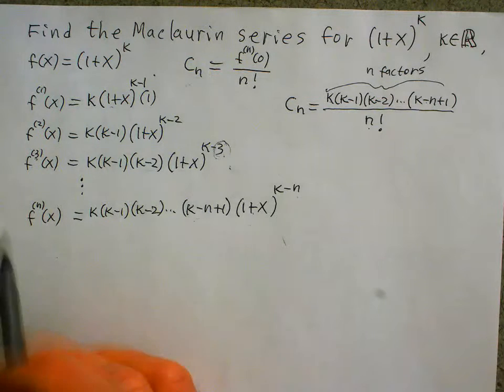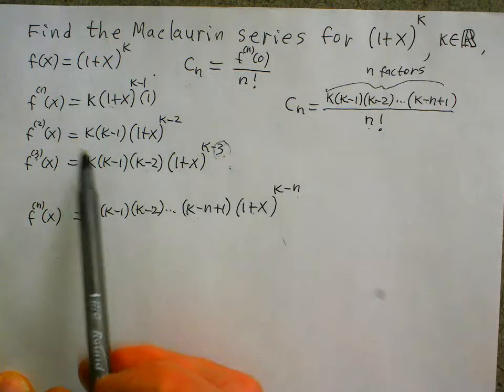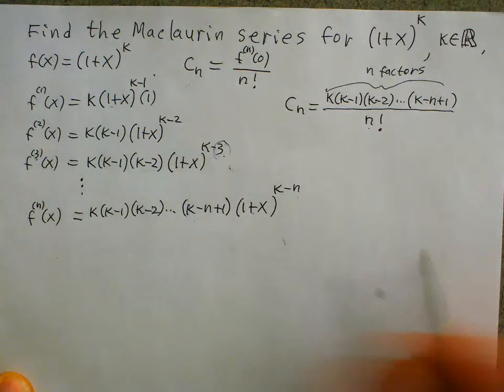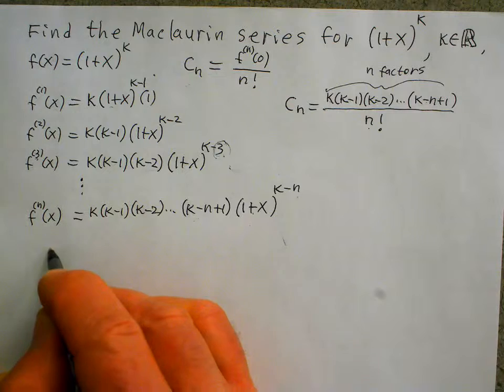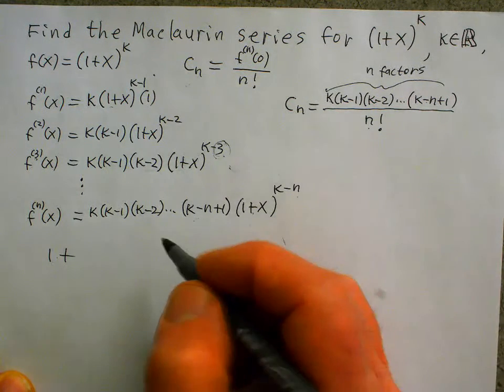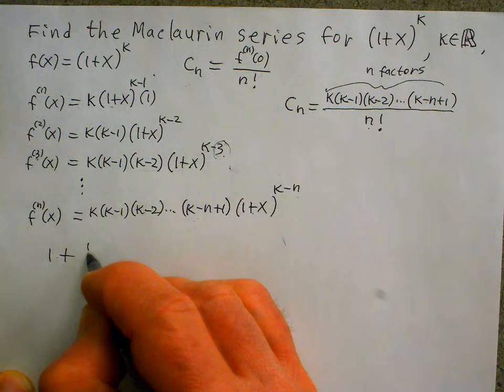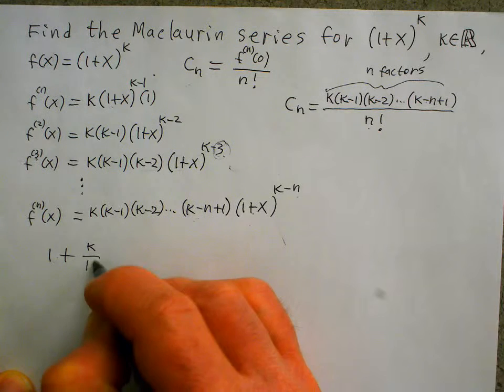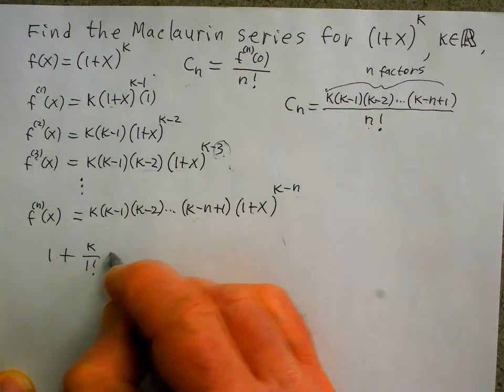Okay, so term by term, the Maclaurin series is 1 plus k over 1 factorial times x to the first.